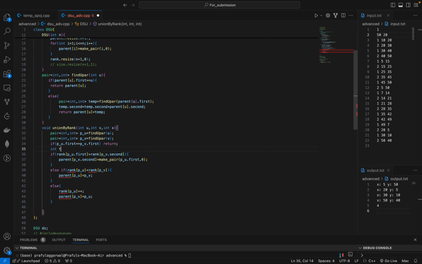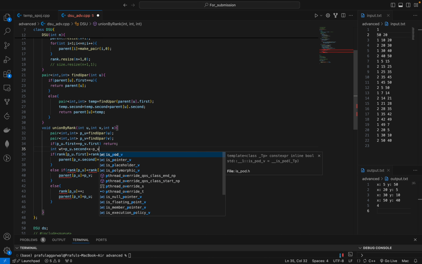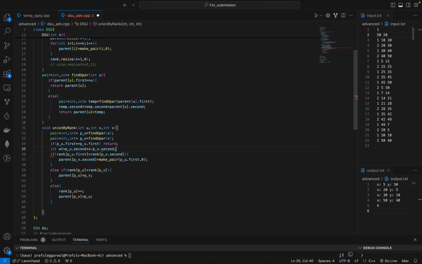The weight was p of u dot second plus k minus p of v dot second. This is the weight if we are merging v to u, which is indeed what we are doing here. So this is how it's done.